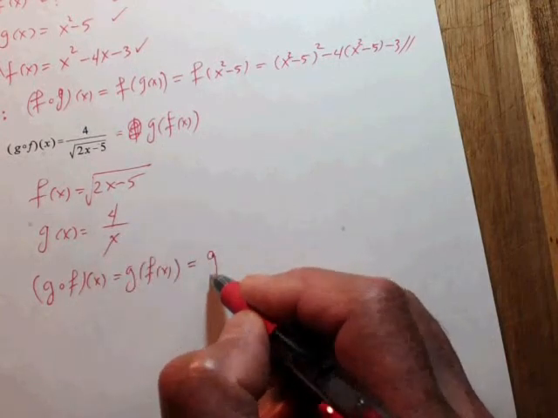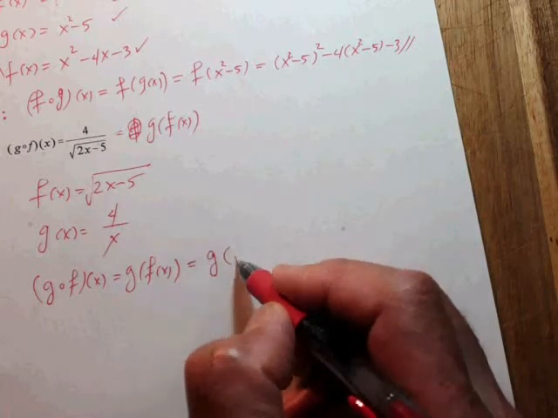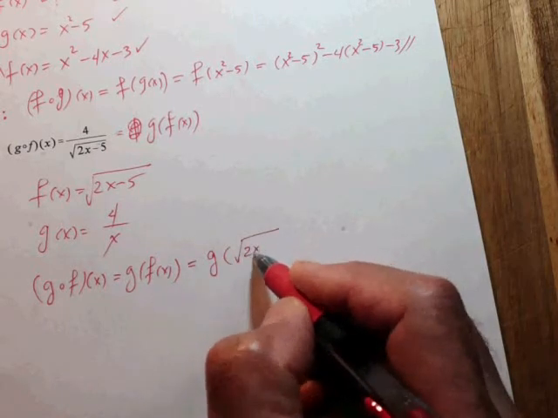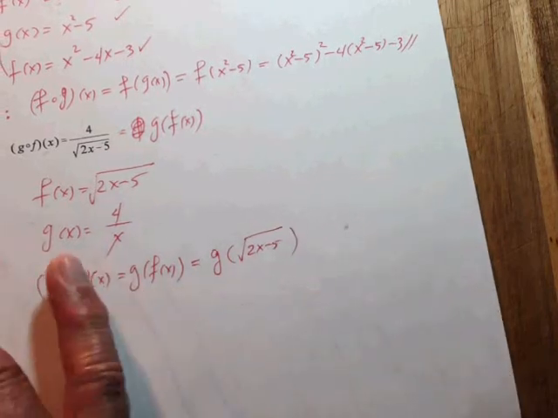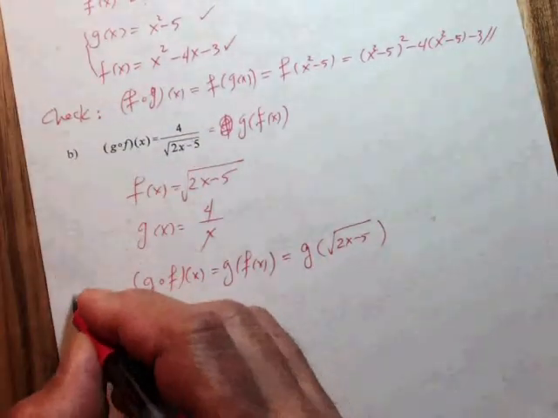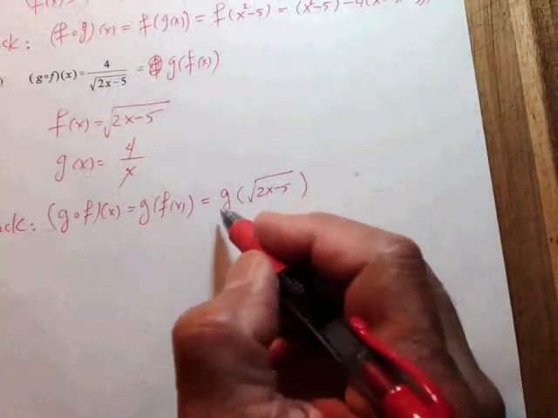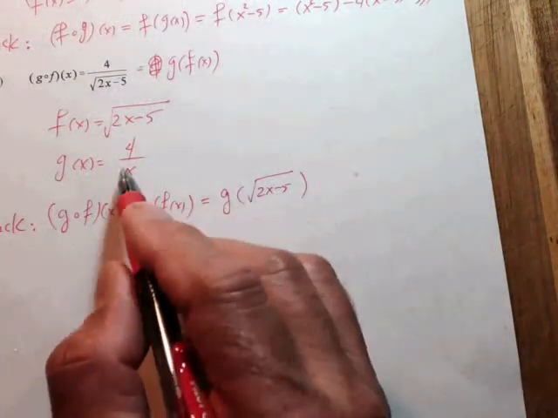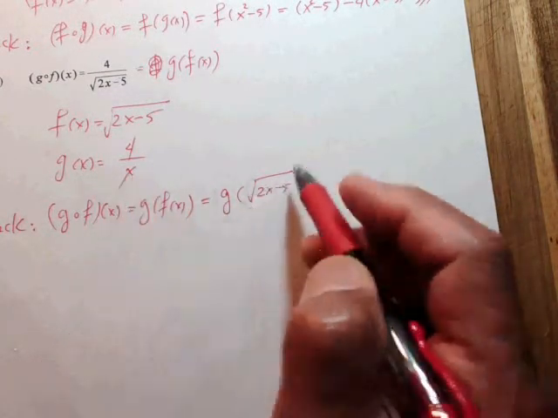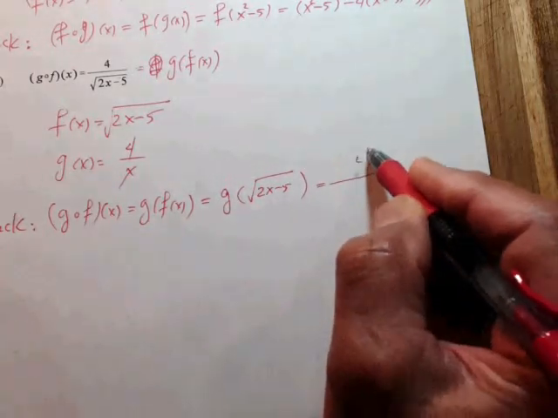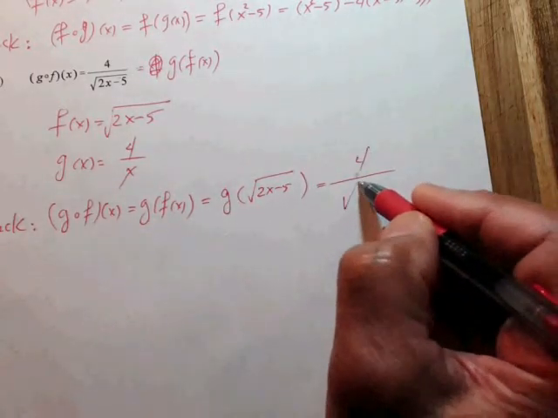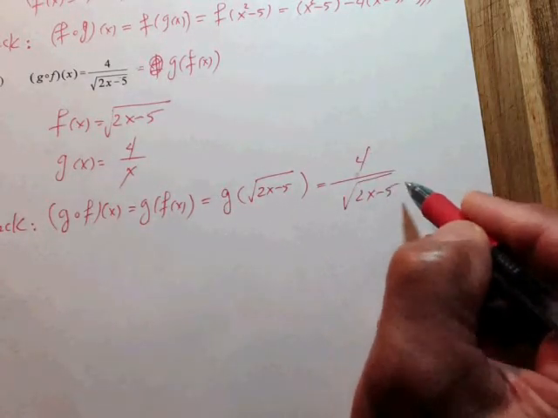So this is g of f, square root of 2x minus 5. This is the check, I should say. And g of square root of 2x minus 5 means replace this x by all of that. So it's going to be 4 over square root of 2x minus 5.